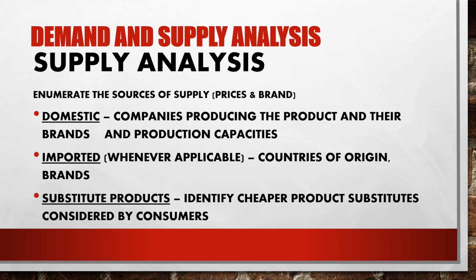Then, ano ba itong mga substitute products natin? So example, ang naiisip natin ay tocino pa rin, pero ang gagamitin natin ay dove or kalapati or let us say rabbit. So nung maliit ang supply sa manok, maliit ang supply sa pork, talagang nag-iisip tayo, di ba, ng mga substitute product.